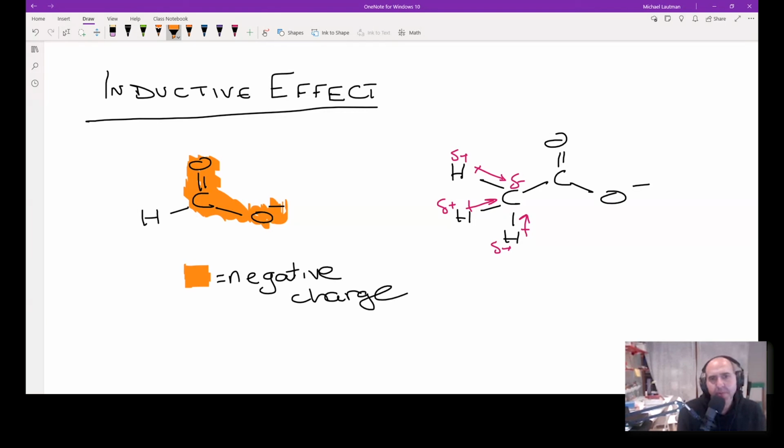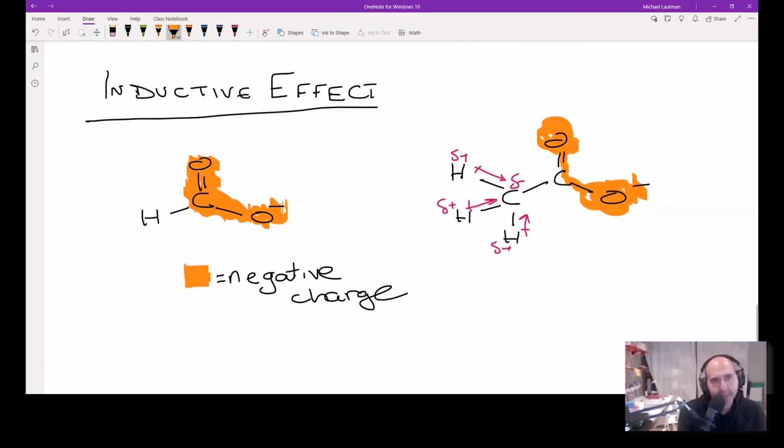But here, we've got this cloud of negative charge with another partial negative charge next to it, right? And so what does that do? Well, it means the negative charge is more localized on the oxygen atoms, right?